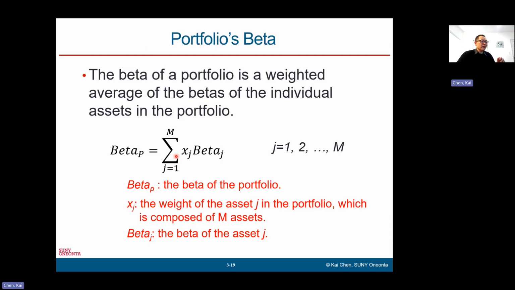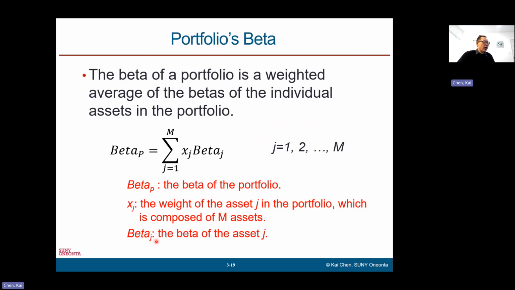In a sentence, we can summarize this formula: the beta of a portfolio is a weighted average of the betas of the individual assets in the portfolio. We use beta P to represent the beta of the portfolio, and we use Xj to represent the weight of asset j in the portfolio.